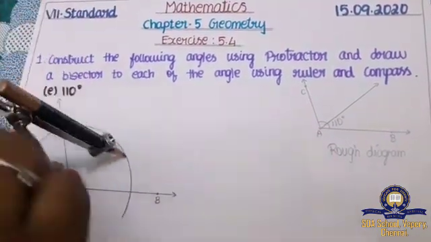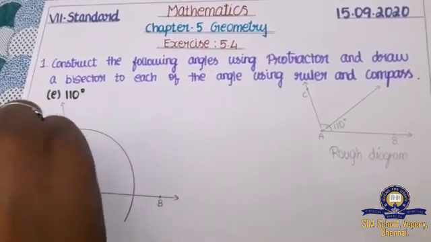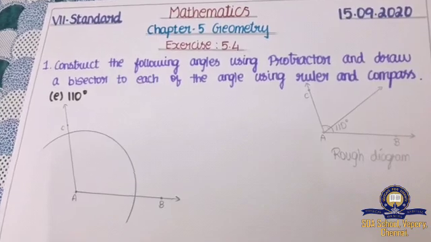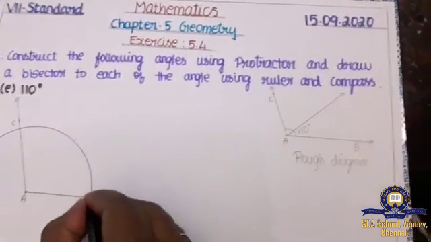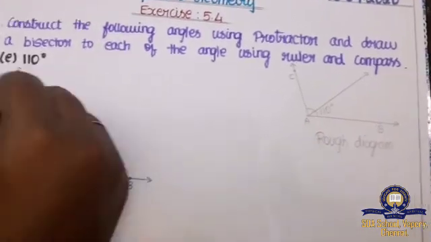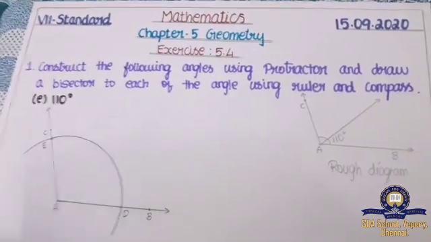Draw the arc to cut AB and AC line. Then mark the point of intersection, one as D and another one as E.